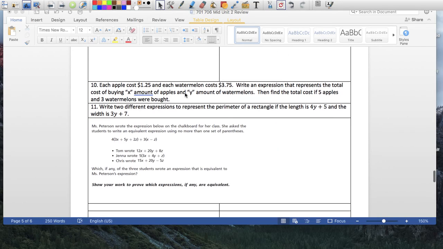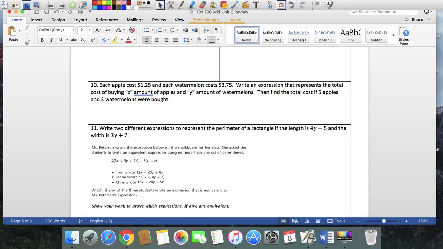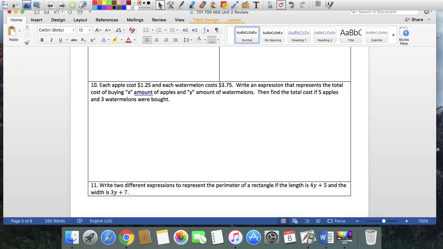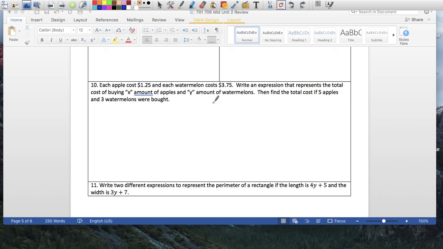Two-step equations are definitely there. Okay, something like this. So each apple costs $1.25 and each watermelon costs $3.75. Write an expression that represents the total cost of buying x amount of apples and y amount of watermelons. So to find the cost, I'm going to take the cost of the apple and multiply by however many I bought, which in this case is represented by x.